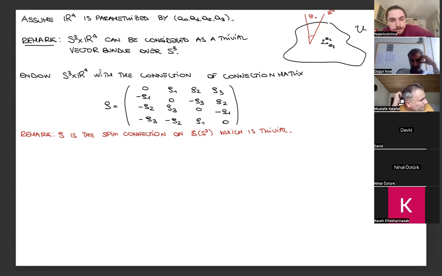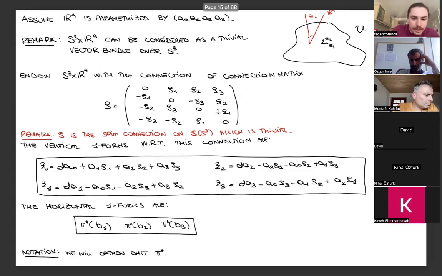You might ask, why are we considering a connection like this one? The reason is, if you know a little bit of spin geometry, then you'll realize that ρ is the spin connection on the spinor bundle over S^3, which is a trivial bundle. Alternatively, I could have told you to just take the spinor bundle over S^3 with its natural spin connection, and everything would follow in the exact same way.